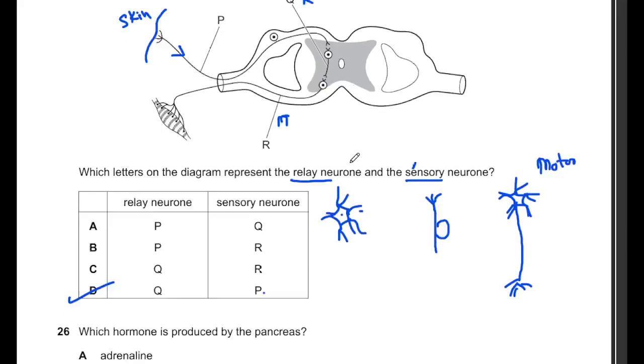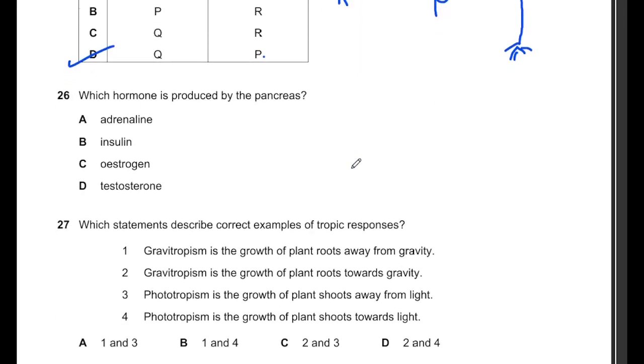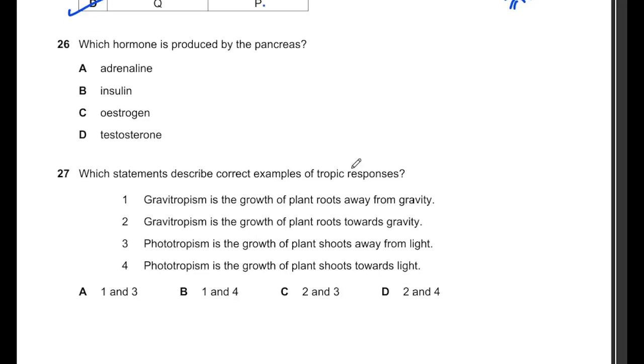This was a bit easy. Now, which hormone is produced by the pancreas? Pancreas produces which kind of hormone? Something related to controlling the sugar in our body. So the pancreas releases a hormone called insulin.